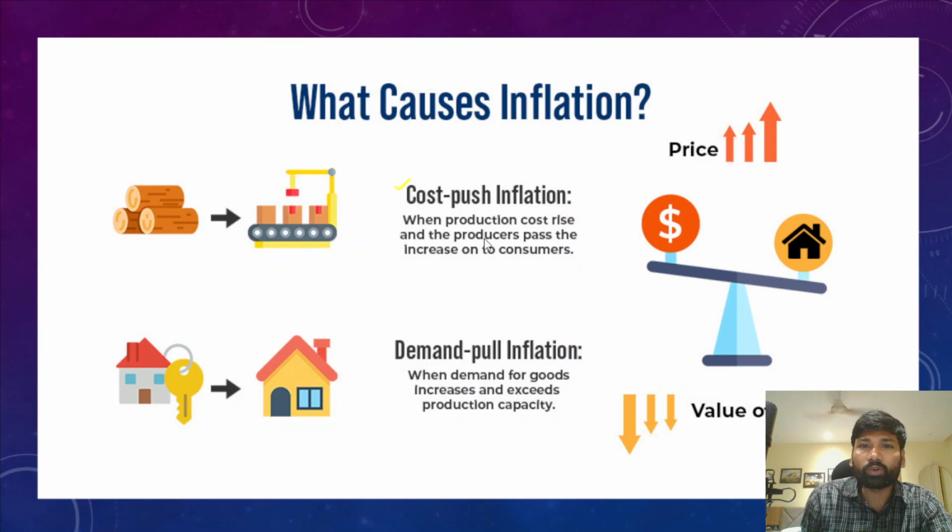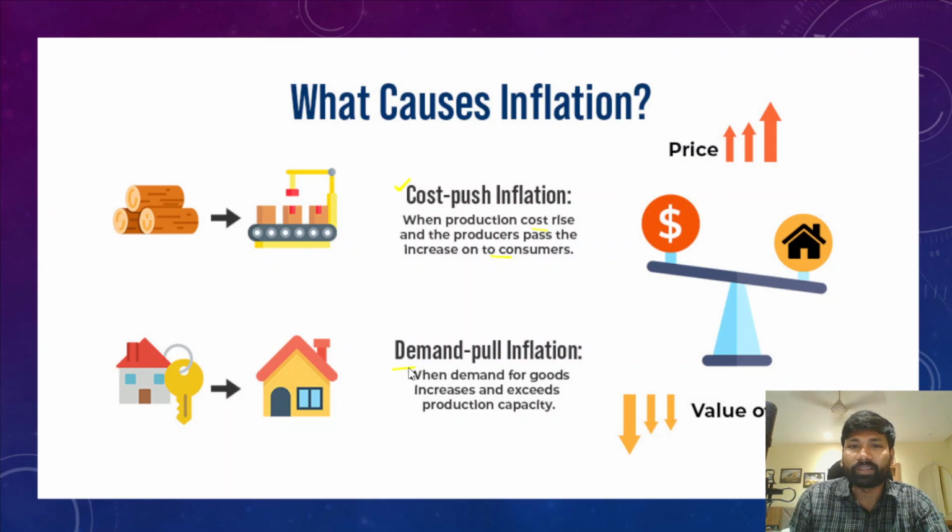When production cost rises and the producers pass the increased costs on to the consumers, that could result in cost push inflation, and this is what we have been observing in the Indian economy right now. But on the other hand, our key concern is demand pull inflation.